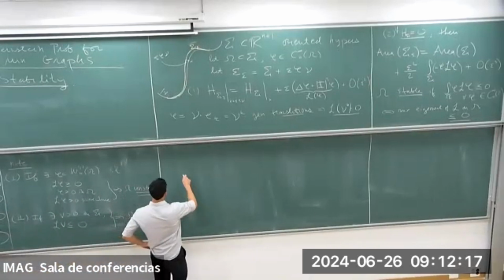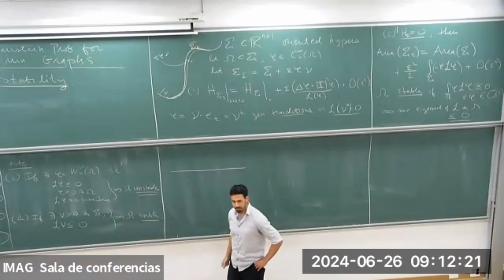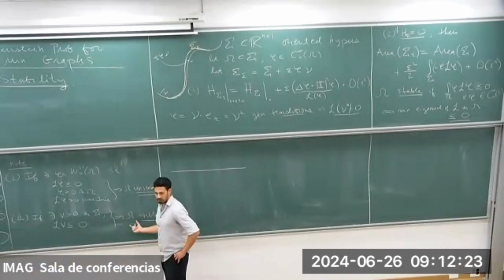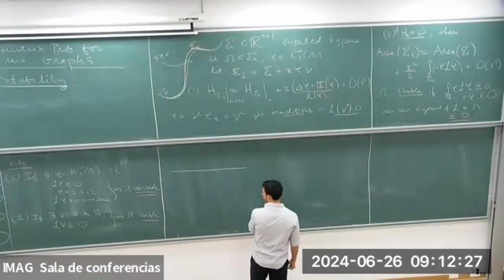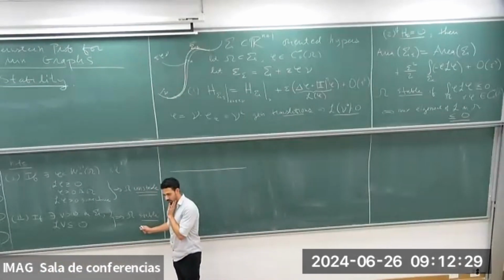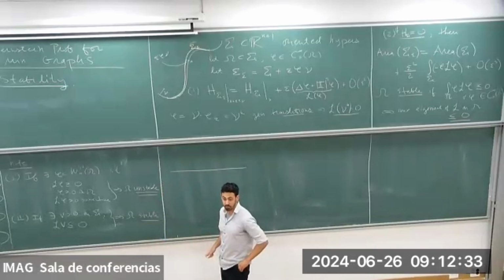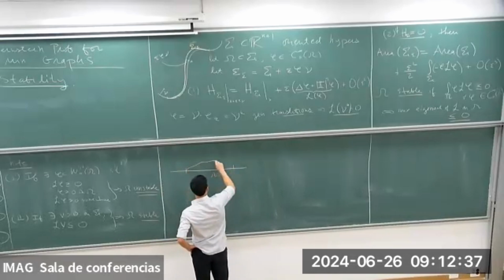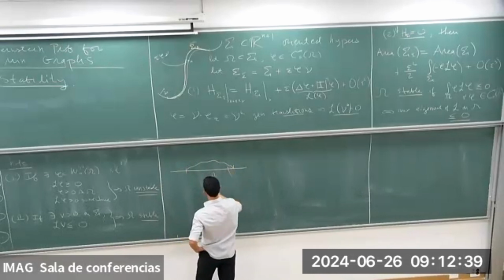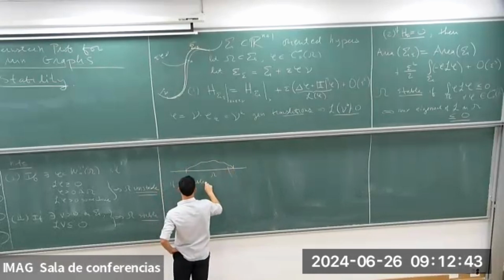And a short explanation of this would be the following. If omega were unstable, that would mean that the principal eigenfunction has a positive eigenvalue. So if you look at omega, you look at the principal eigenfunction, which is positive.